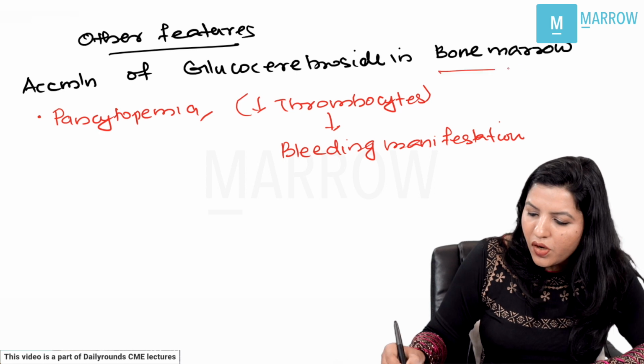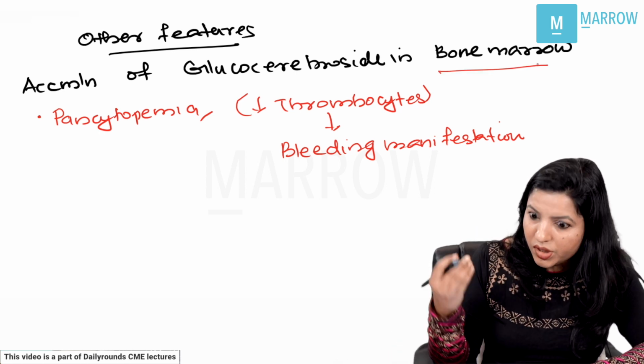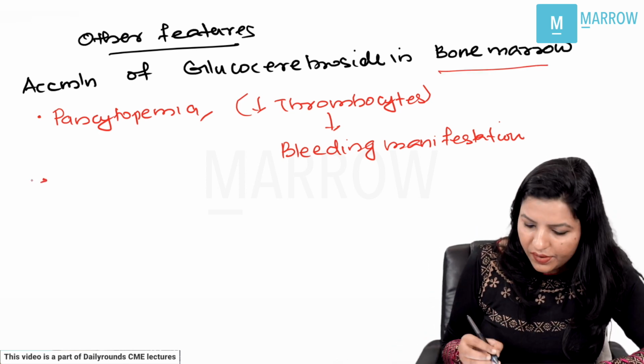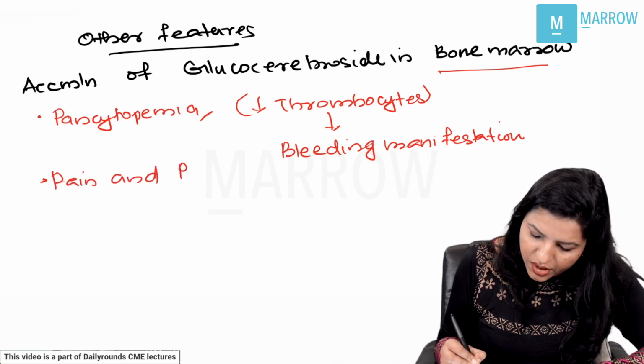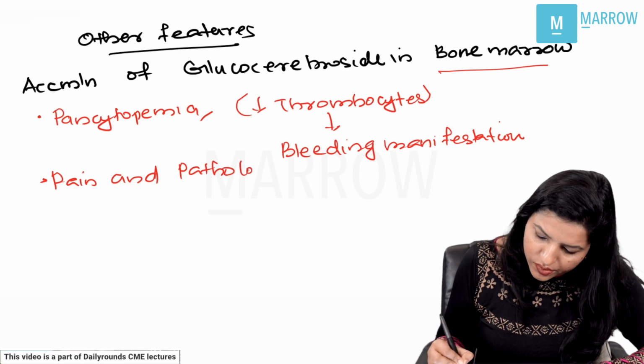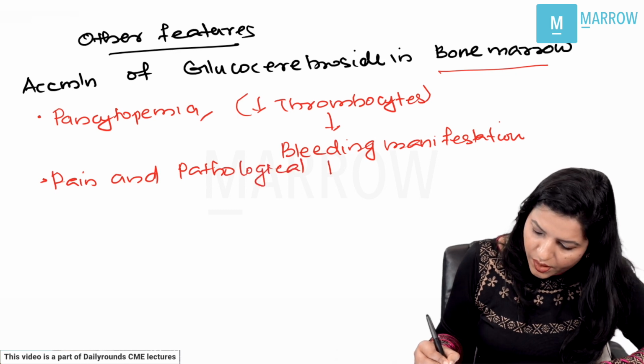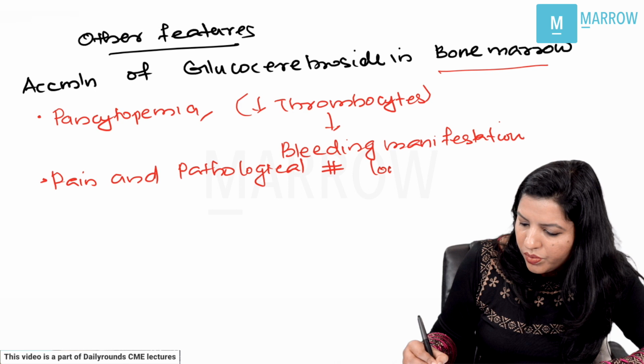And the accumulation of glucocerebrosides in the bone marrow itself causes the pain and pathological fractures of the long bones.